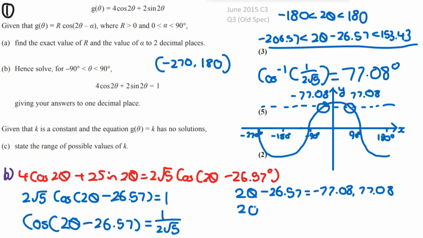So therefore 2 theta is equal to, so we add 26.57 to both sides, and we get minus 50.51 and 103.68, and then we divide everything by 2 to get that theta is equal to minus 25.3. It wants it to one decimal place, and 51.8 degrees.